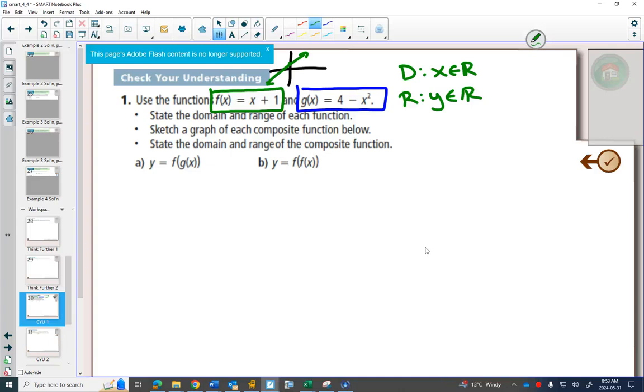From the blue one, maybe I draw a quick sketch of that. That's a parabola that's going down and shifted up 4 units. Here's my blue graph. Its domain is also everything. Its range is y is less than or equal to 4.